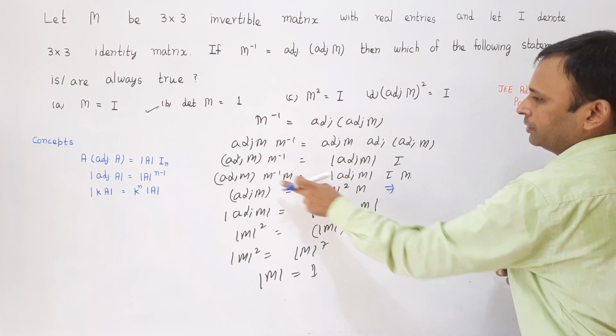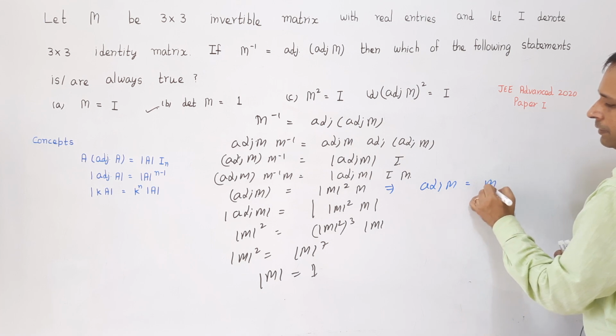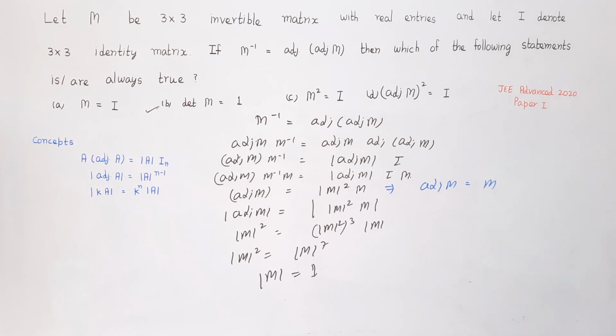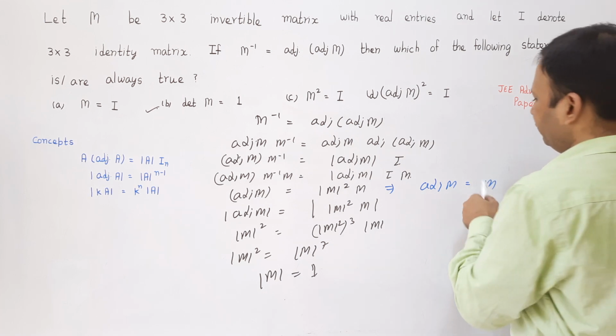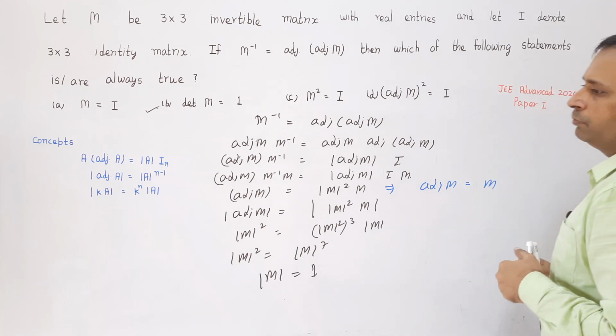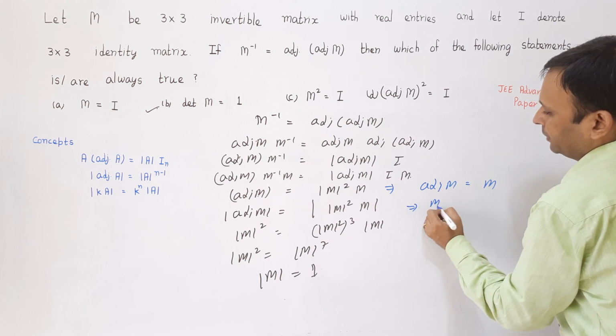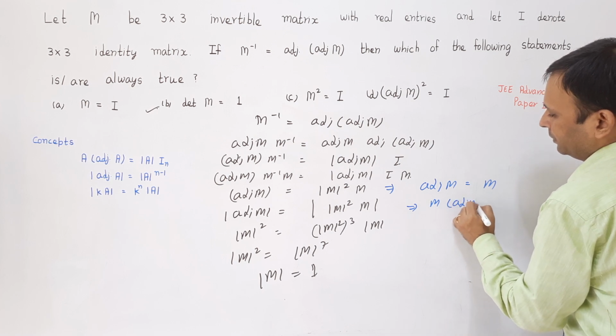So here I can say adjoint of M is equal to M. Now if I multiply by M on both sides, I will be left with M into adjoint of M is equal to M square.